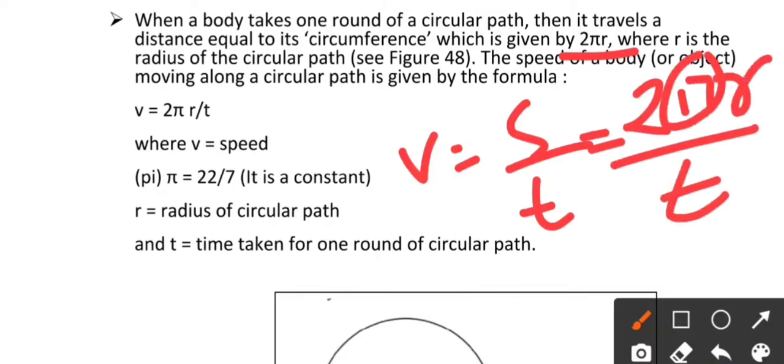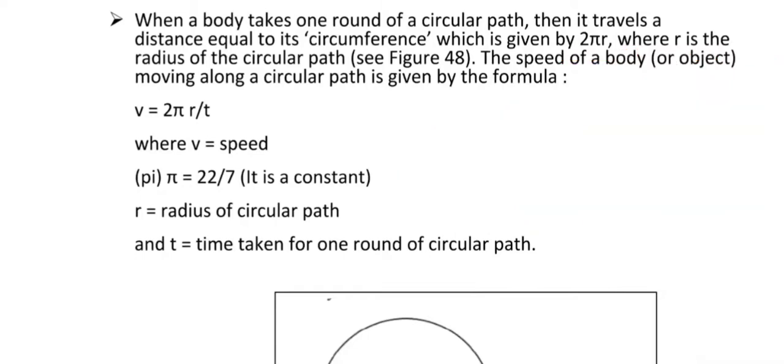Pi is 22/7. You can find out easily what will be the equations. Similarly, you can find the other numerical problems related to it, that are given in your NCERT question answers also. I might read the question here right now so that you could understand easily.